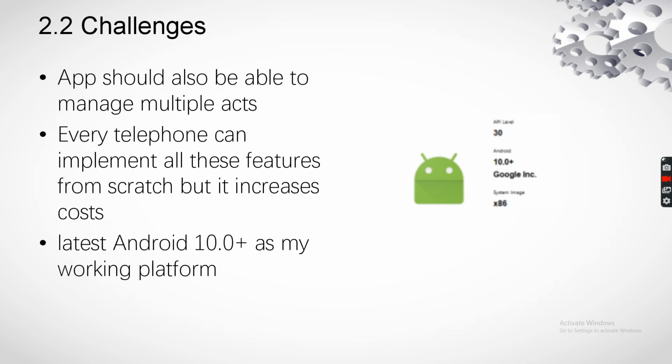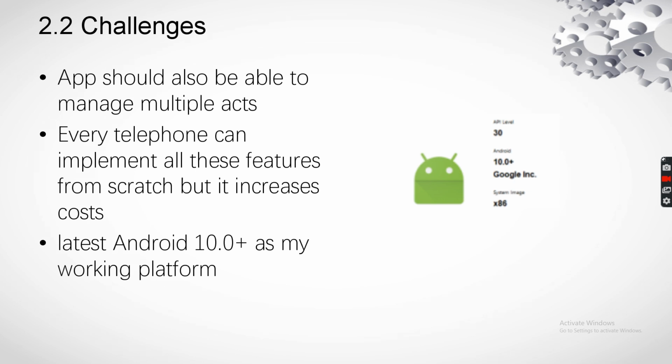Every mobile phone can implement all these features from scratch, but it increases costs and ties software to a particular mobile phone. The solution is to use an operating system with all these features and to include some API which is hardware and manufacturer independent.